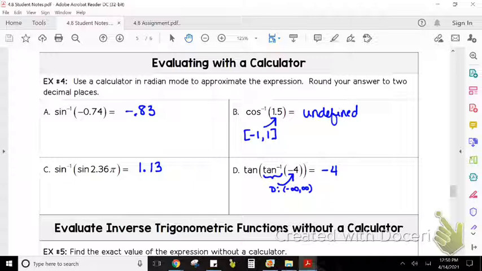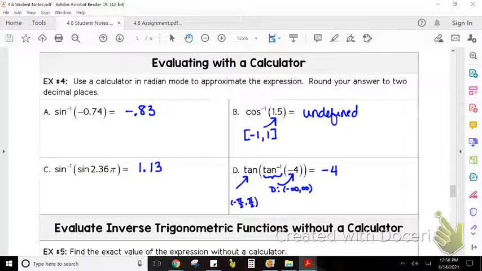Now, we have to be careful though, because if inverse tangent had been on the outside, we have to make sure that the number that we get there is in the range of it. For inverse tangent, it would have had to be between negative pi over 2 and pi over 2.